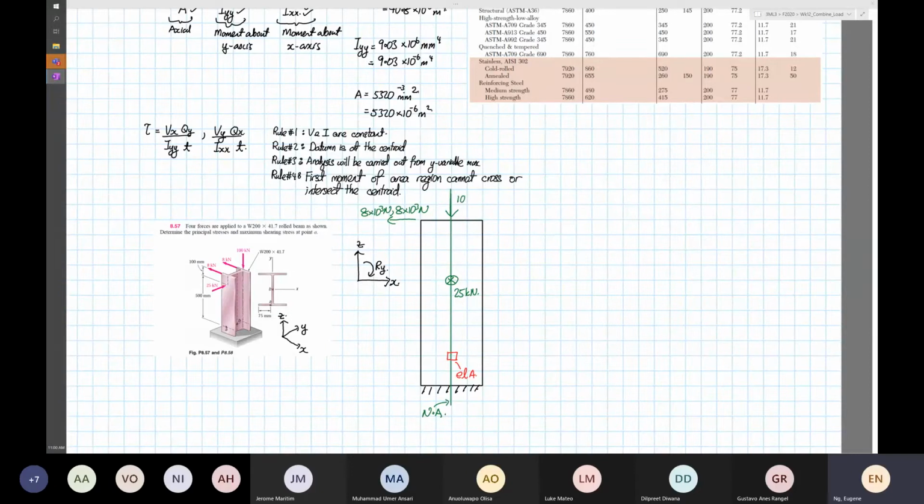I can't see, there was green already. Sorry. Okay, so we know that those are our forces. Okay, so that is our 100. Then we have our 8 kilonewton twice, times 2. And then we have the 25.